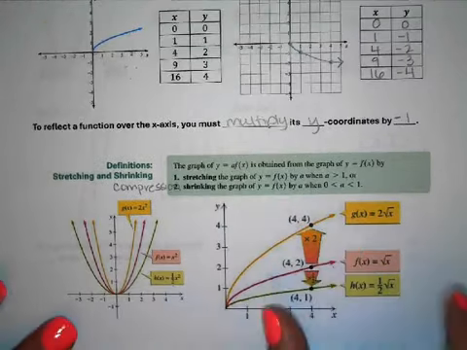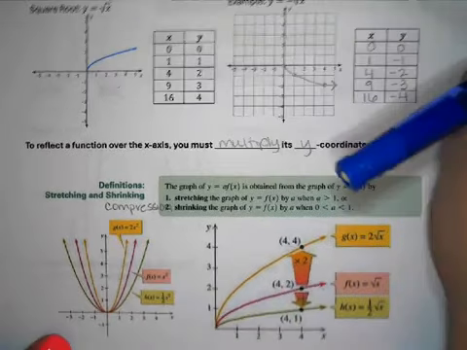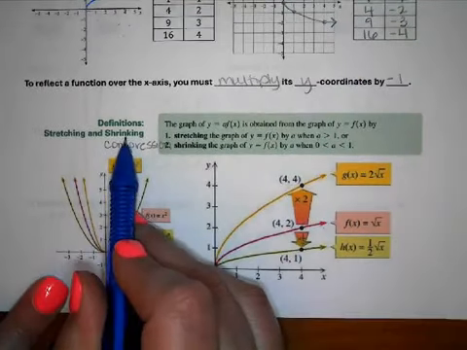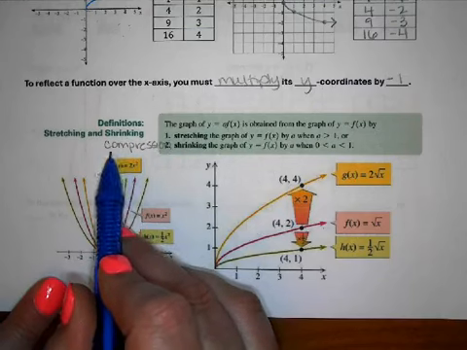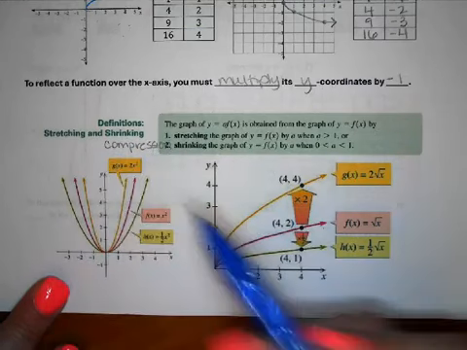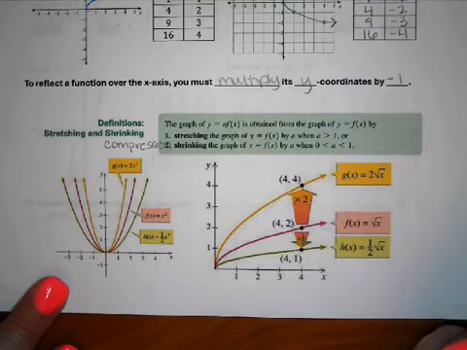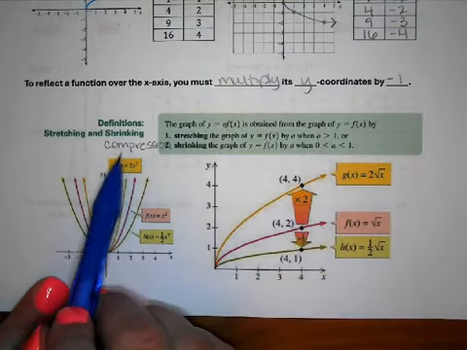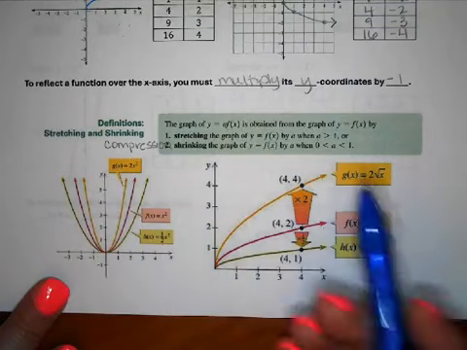Okay, the next transformation is stretching and shrinking. And another word for shrinking is compression. And it depends on which textbook you look at, or maybe which teacher you have, which wording they'll use. So I prefer compression, but since this textbook says shrinking, I'm guessing my math lab is going to use that wording.